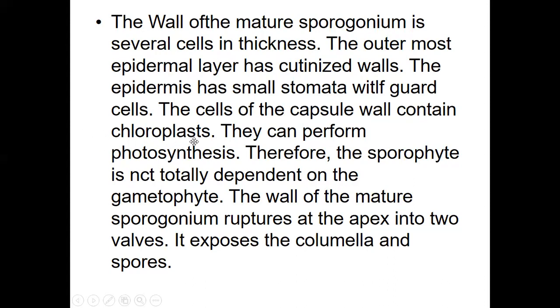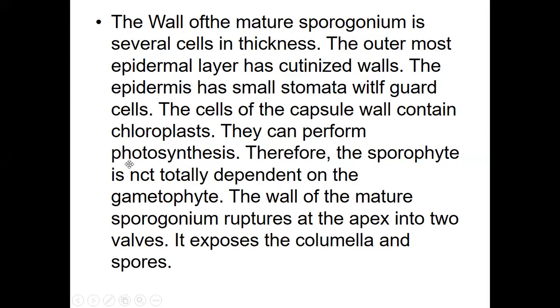So that's why I told you it is partially dependent on the gametophyte, because the cells of this capsule show the presence of chloroplasts, due to which it can perform photosynthesis and prepare the food material.